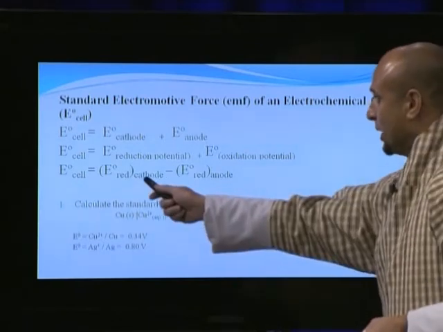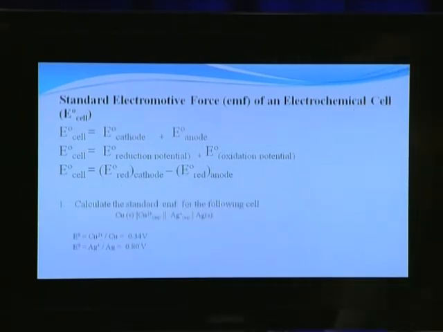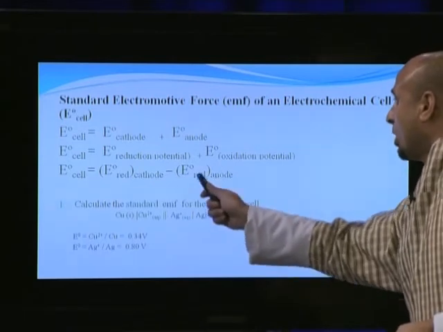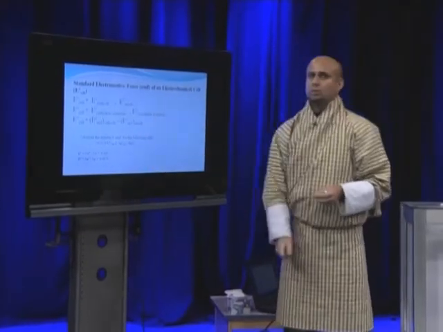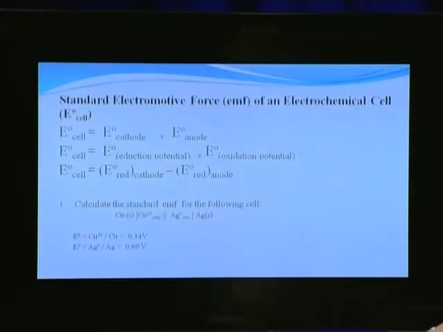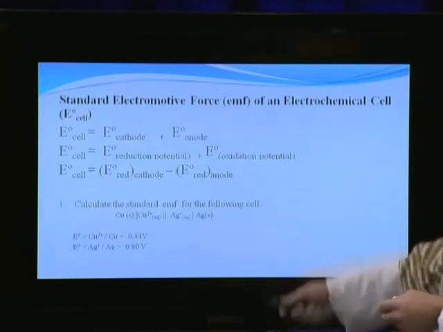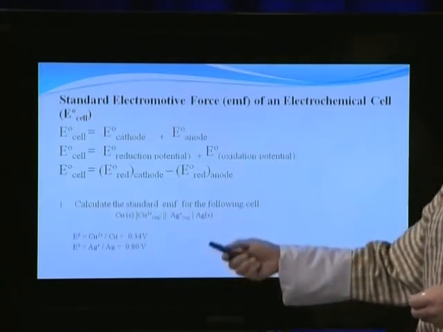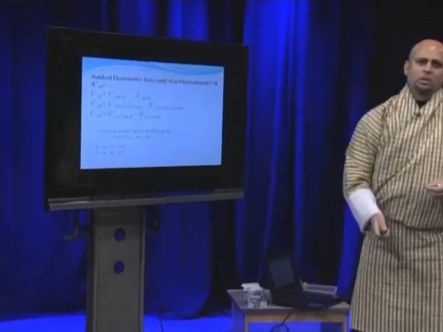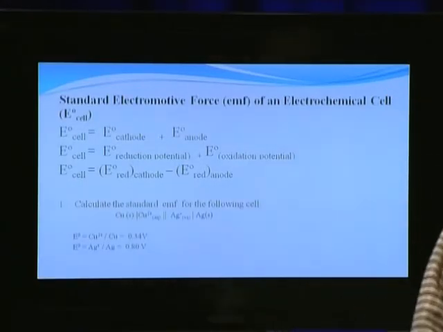When you use minus in front of the electrode potential value of the anode, it automatically gets converted into the oxidation potential value. Even though this is the basic concept, when we do the calculation, most of the time we'll use this last equation for calculating the EMF of any given cell.